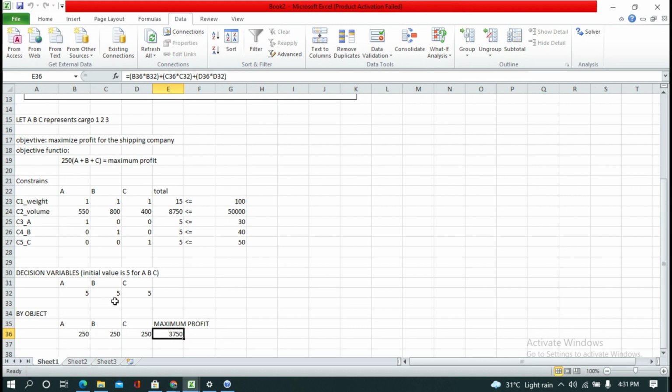At this initial value of 5 for each cargo, for cargo 1, 2, and 3, our maximum profit is 3,750. And then in order to find the maximum profit, we can use the solver of Microsoft Excel.